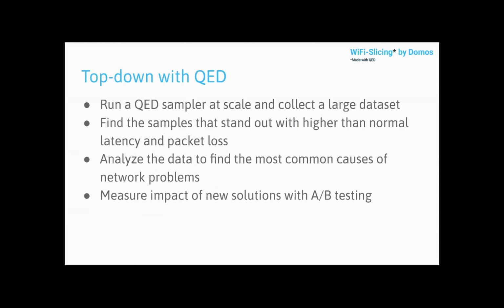And then we can analyze to find plausible causes for those problems, and then investigate further. And then the final point here, I won't go into detail on this, but I wanted to mention that once you have a QED sampler running at scale, it's very easy to do A/B testing, for instance, of new solutions.